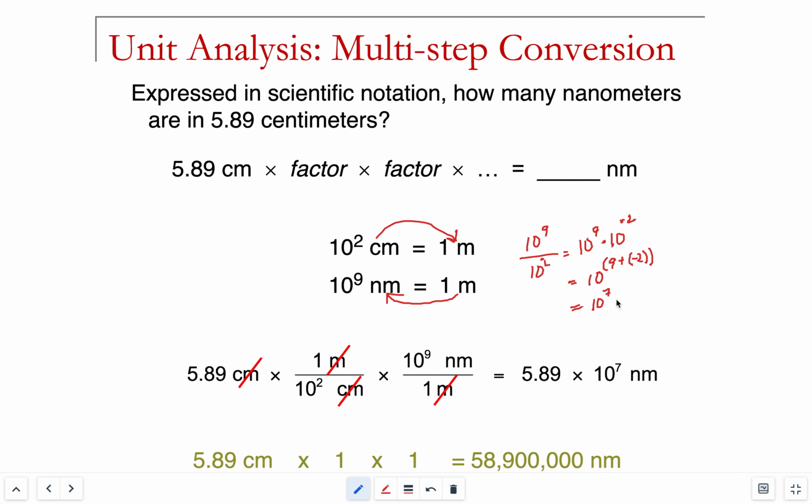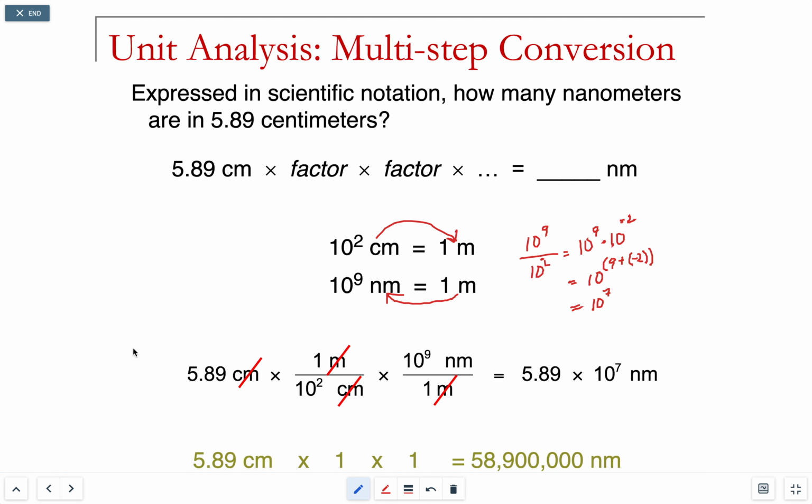And we end up with this relationship. 5.89 centimeters multiplied by 1 with no units, multiplied by 1 with no units, is equal to 58,900,000 nanometers. So these two quantities are identical. Now some of you might be aware enough to also see this relationship.